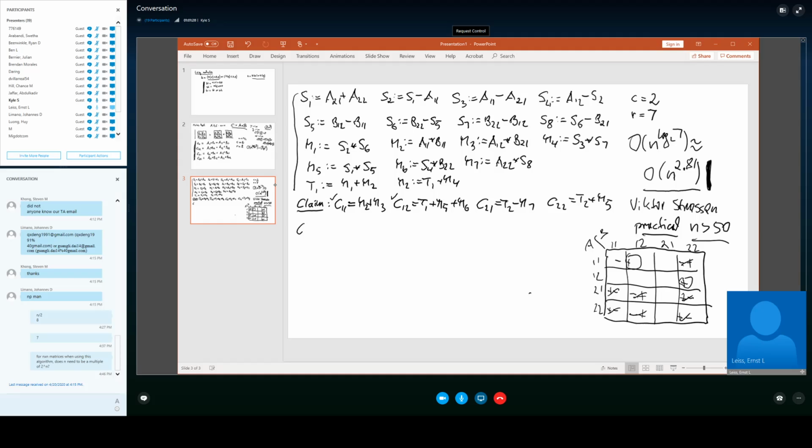So get rid of these. Okay, so we have the table empty, and so we are going to do the C12, and that is T2 minus M7.